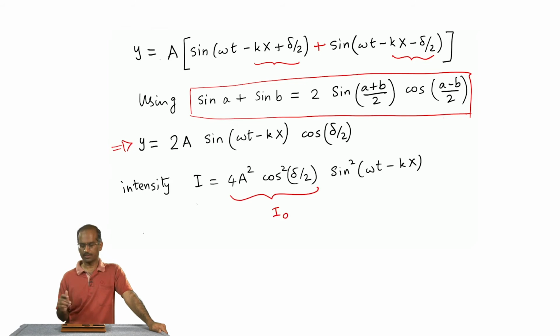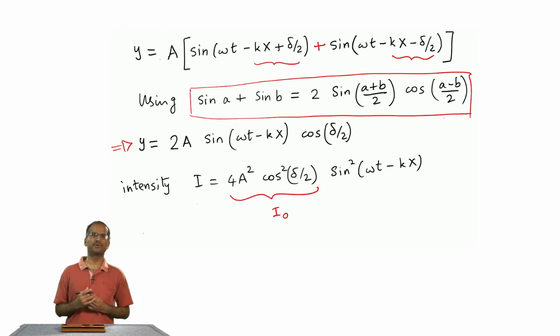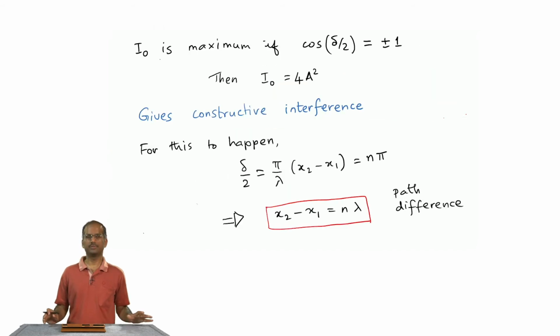So, we will look at what will happen to I0 under various conditions of path difference or phase difference. From this formula, it is very easy to see what we should expect. I0 will be maximum. In fact, you will notice that I0 is a function of a cos square term.